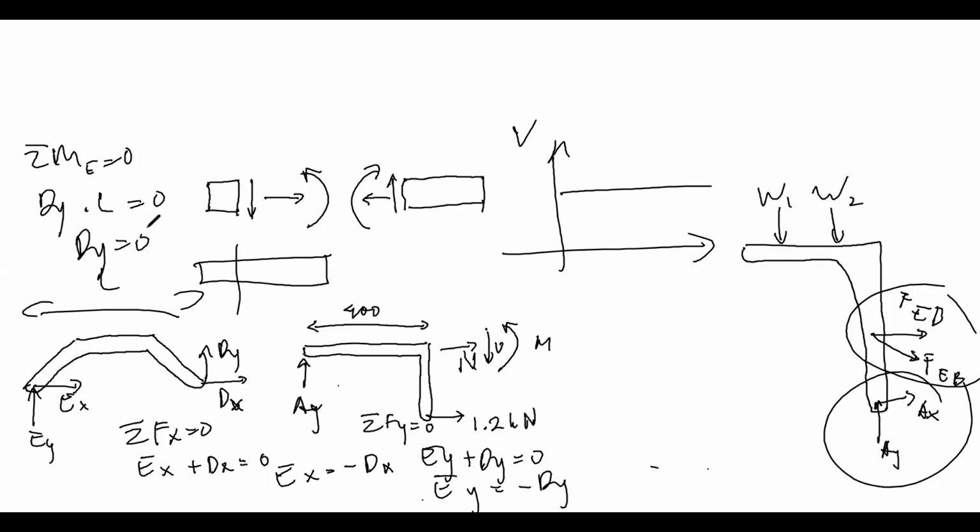So later, what you will have in your force will be just EX going there and DX going there. So it's a two force member, right? Correct or not? Yeah, it's a two force member. Okay, now I will continue with the next free body diagram. The next free body diagram will be like this, right? Just now.